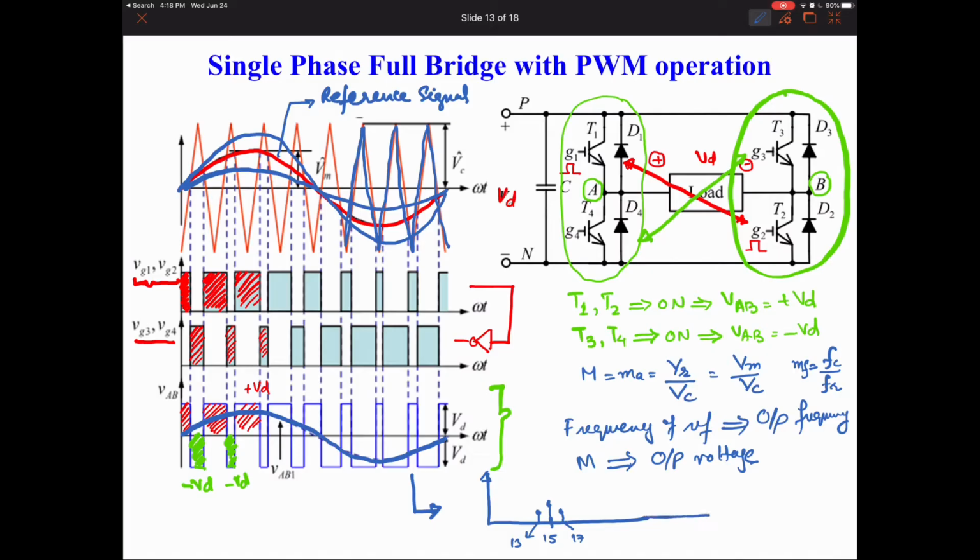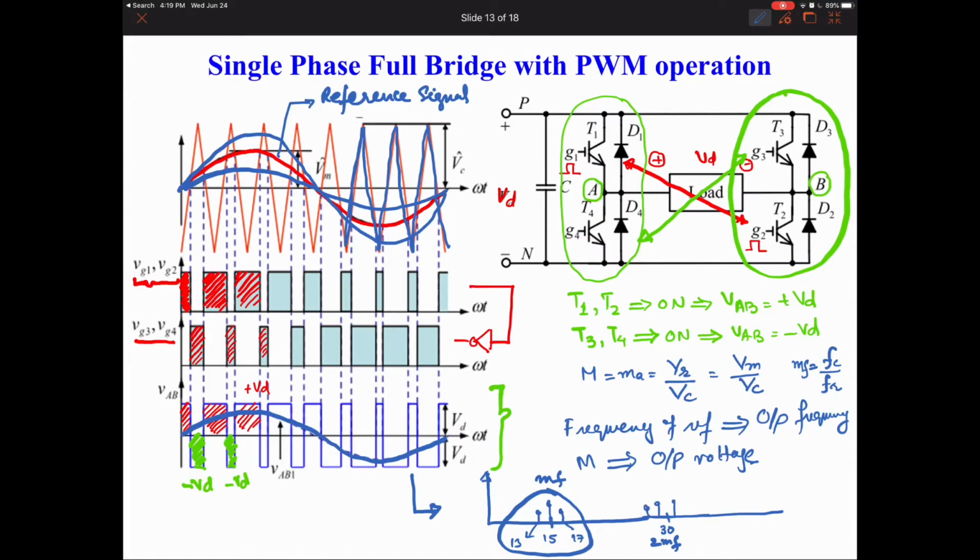Similarly, the next set of harmonics will appear across the multiples of your carrier frequency, so the multiples of MF. The first cluster is around MF, the second cluster will be around 2MF. 2MF is 30, and even harmonics cannot appear.